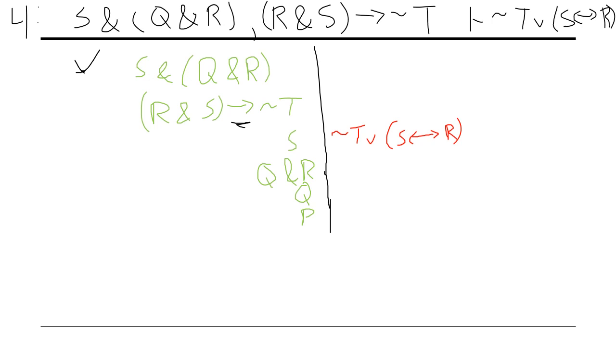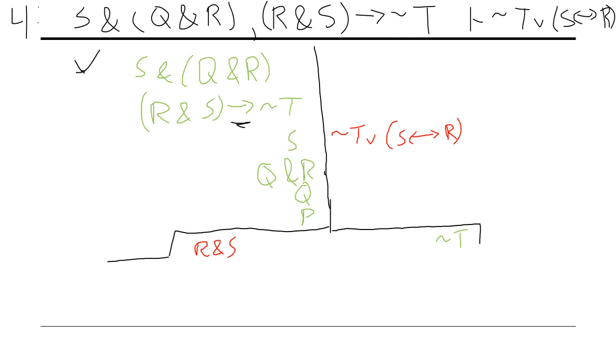Main operator is the arrow, so with arrows we branch out. Take the left hand side, put it on the right hand side, take the right hand side, put it on the left hand side. So what do we do with an ampersand on the right hand side?